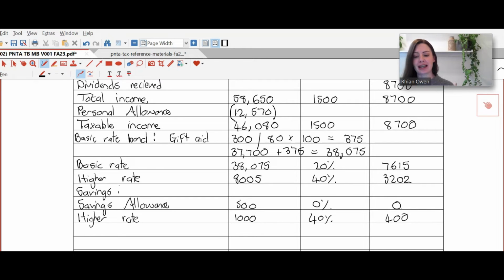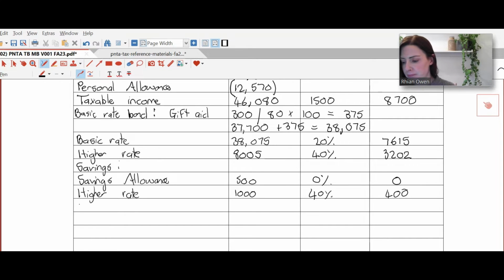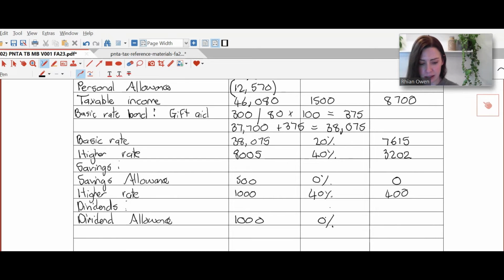And then we've just got our dividends to tax next. So everyone's entitled to the £1,000 dividend allowance. So the first £1,000 will be taxed at 0%.